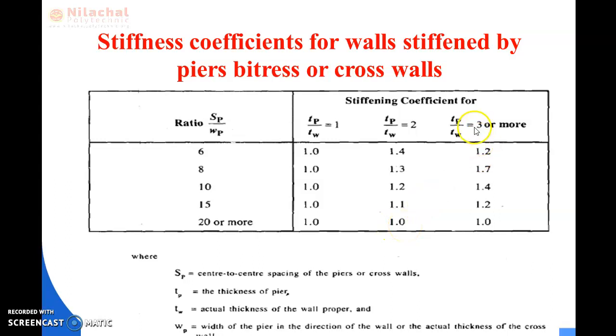Similarly, for the third condition, TP by TW equal to 3 or more, for 6, 8, 10, 15 and 20 or more, we take 1.2, 1.7, 1.4, 1.2 and 1.0, where TP is the thickness of the pier and TW is the actual thickness of the wall. In this way, we can provide the stiffness coefficient.